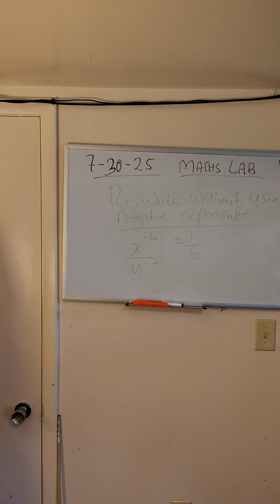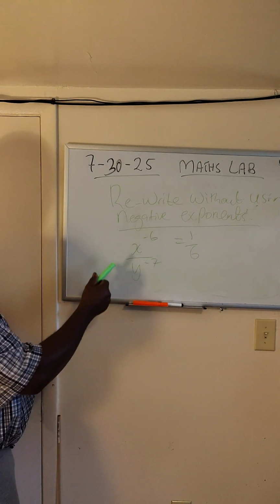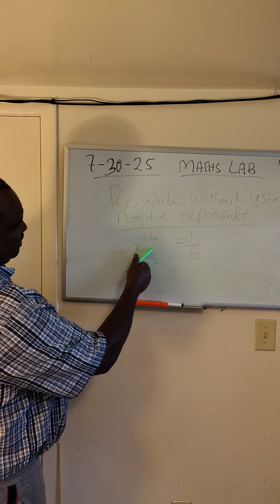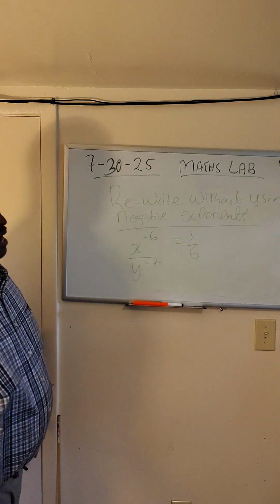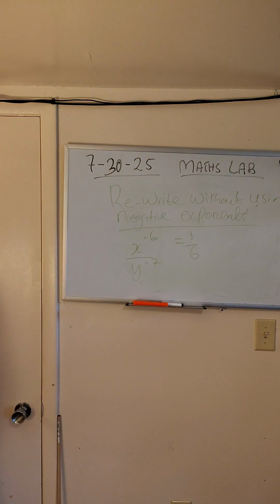That means x raised to the power of negative 6 is equal to 1 over x raised to the power of 6.